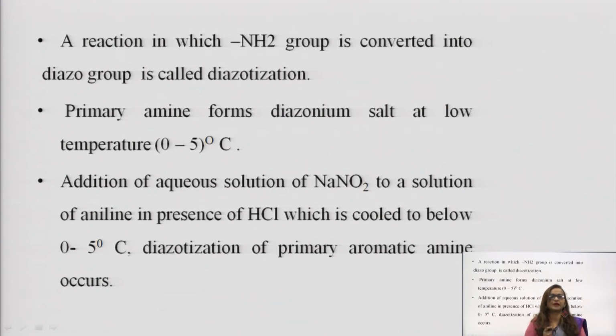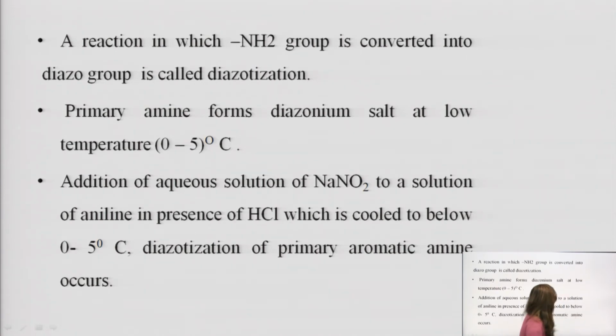In this, primary amines form diazonium salt at very low temperature. The temperature must be between 0 to 5 degrees Celsius. And what is the method of that? The method is you have to add an aqueous solution of sodium nitrite NaNO2 to a solution of aniline in the presence of HCl, which should be cooled to a temperature of 0 to 5 degrees Celsius.